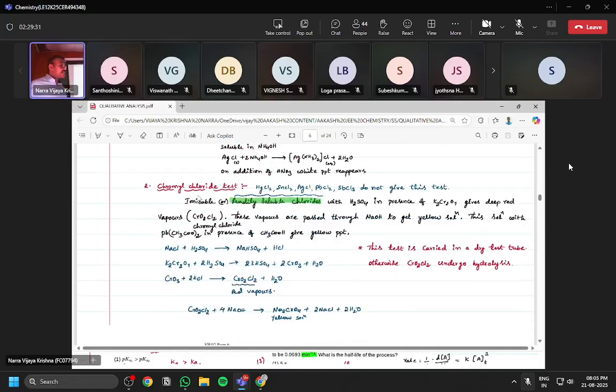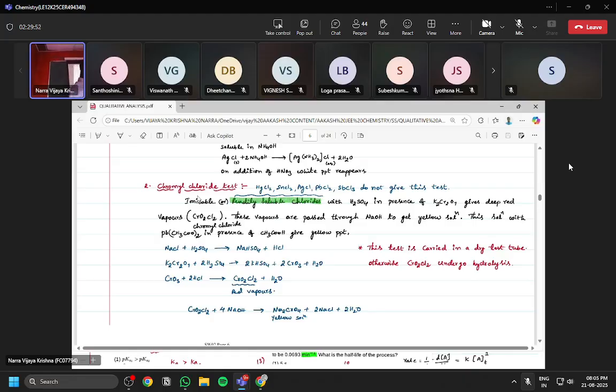Chromyl chloride test. Just read. Ionizable or readily soluble chlorides with H2SO4 in presence of K2Cr2O7 give deep red vapors, CrO2Cl2, which is called chromyl chloride. These vapors are passed through NaOH to get yellow solution.